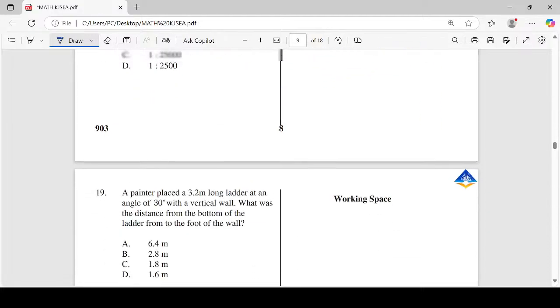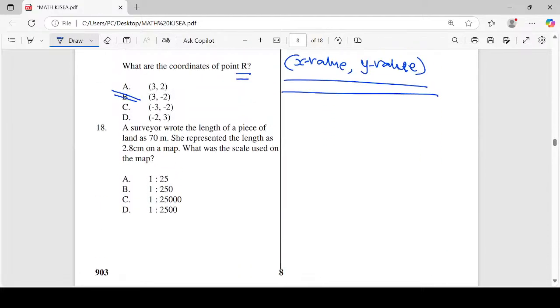Question number 18. A surveyor wrote the length of a piece of land as 70 meters. She represented the length as 2.8 centimeters on a map. What scale was used?